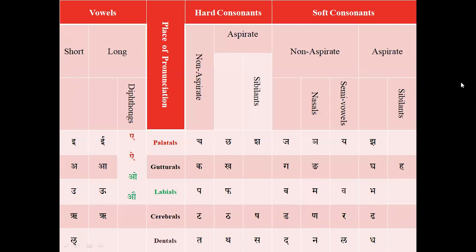ba, the third letter, and the nasal letter ma, and the semi-vowel va come. You see, va is there, but va is in a different color. Why? Because it is dental also. That is why it is in a different color. It means labial plus dental.